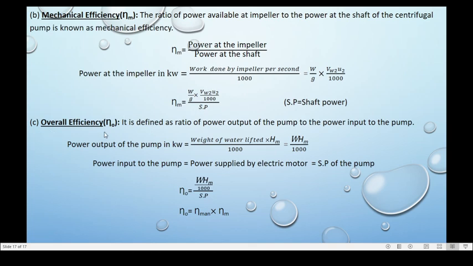Next is the overall efficiency. It is defined as the ratio of power output of the pump to the power input of the pump. So the power output of the pump, you have seen, is W into Hm divided by 1000.